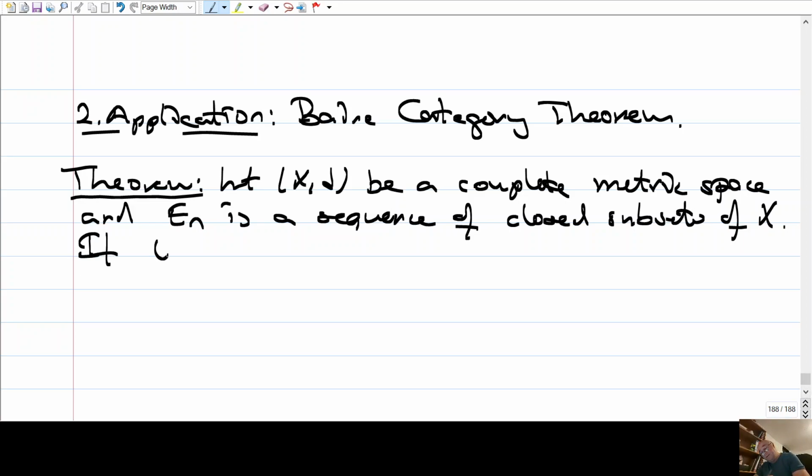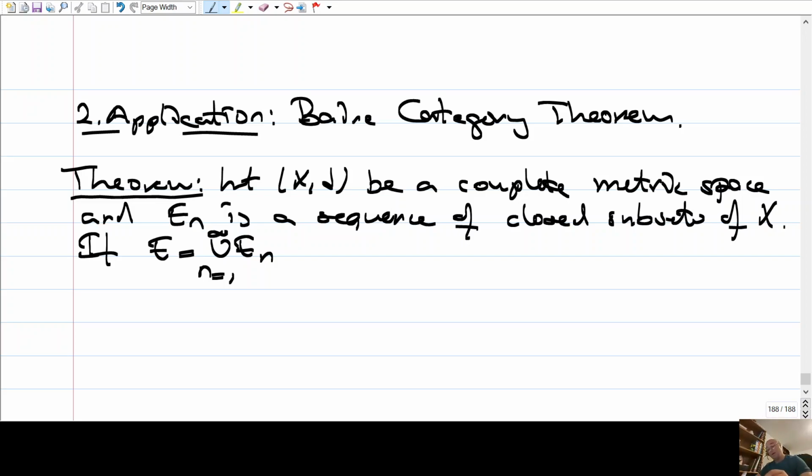If the union E of the E_n's, so I take unions of all of them, infinitely many of them, but a countable union, right? This is not an uncountable union. I have E1, E2, E3, and so on.